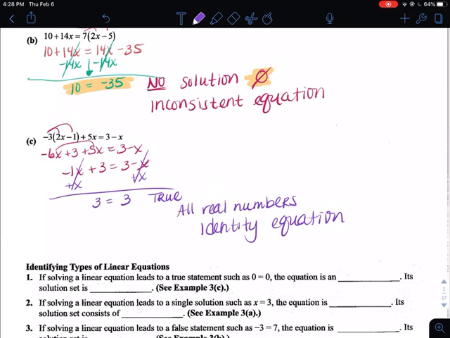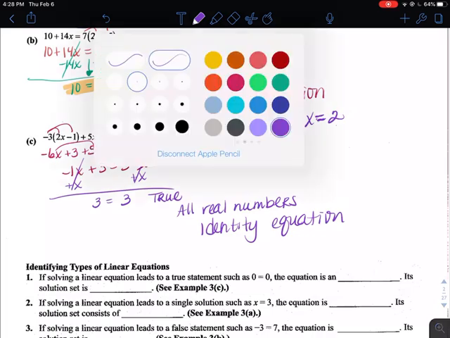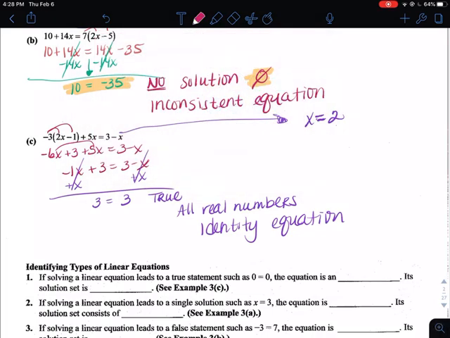So let me just randomly select a number. All right, let me just say that x equals 2. So I'm telling you that x can equal 2 for this equation. So if this is true, that means if I plug in 2 for x, then both sides should match up. So what I'm going to do is come over here and write down negative 3 times 2. I'm going to replace x.